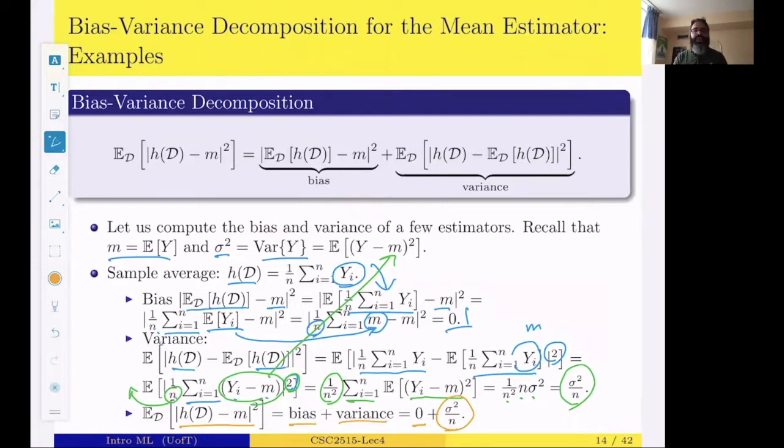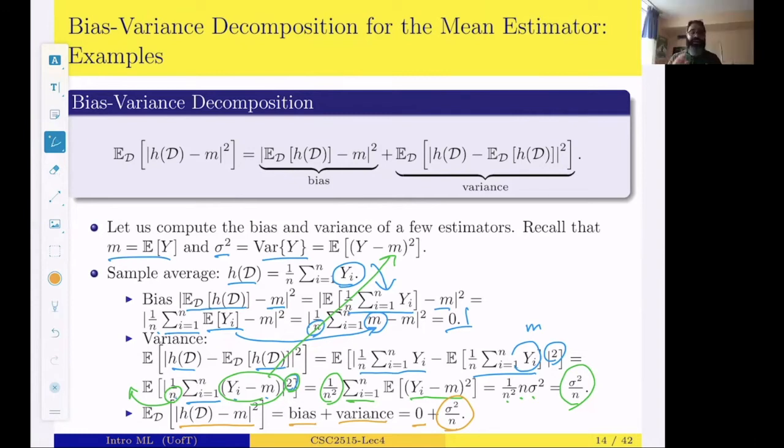Considering the discussion we had earlier, what is the effect of n on the error of our estimator? Yes, when n goes to infinity, h(D) is an accurate estimator. As n becomes larger, the error between our estimates and the true m becomes smaller and smaller with a rate of 1 over n.